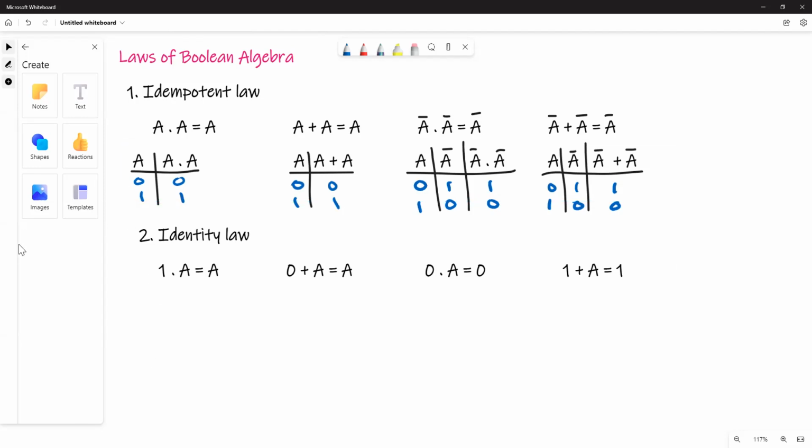Right. Now, to draw the truth table, we can have a couple of things.